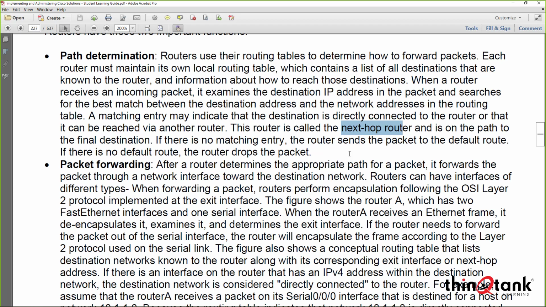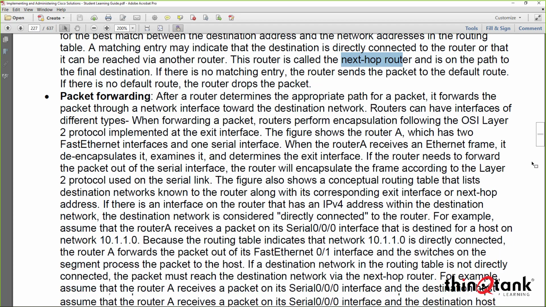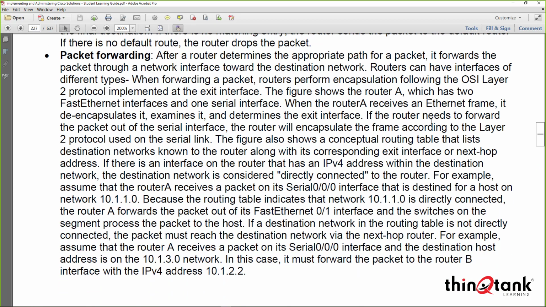Certainly we identify the path based on the final destination prefix, but our job is to get that packet to the next router. That's what our job is. So the packet forwarding process is the second part. Once I've determined that I can route, the next step is to actually forward the packet.